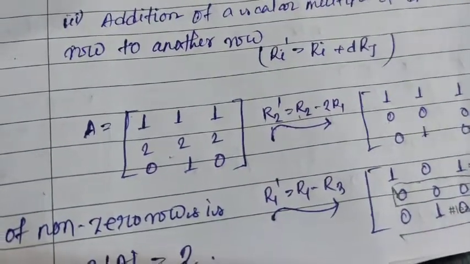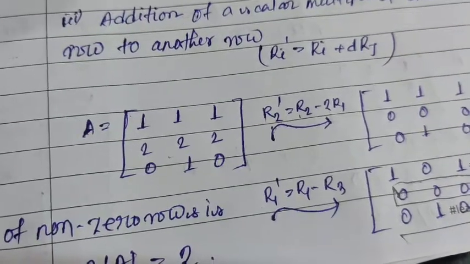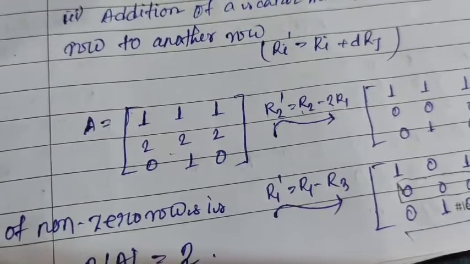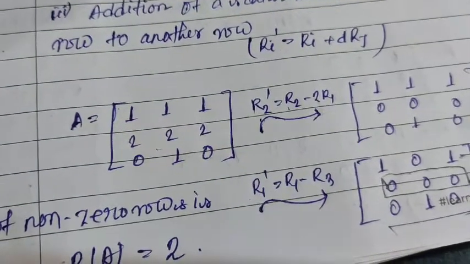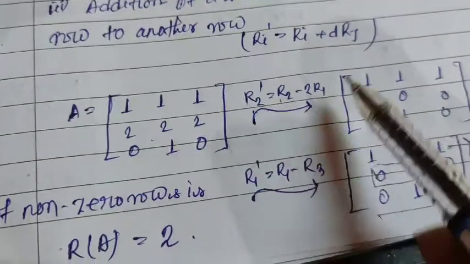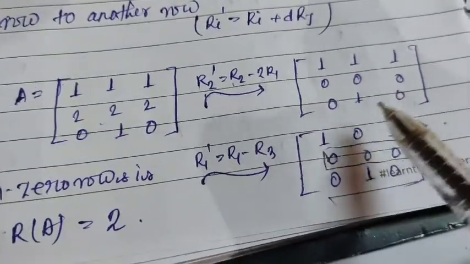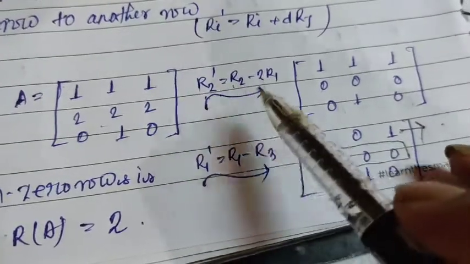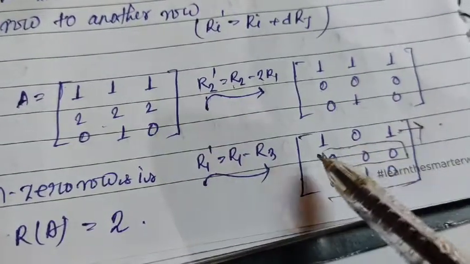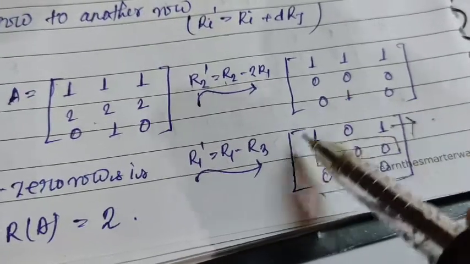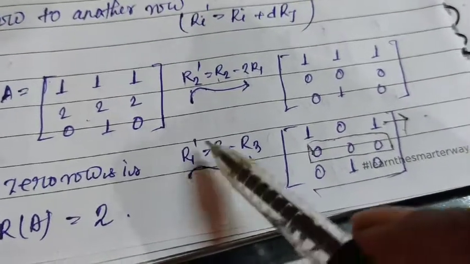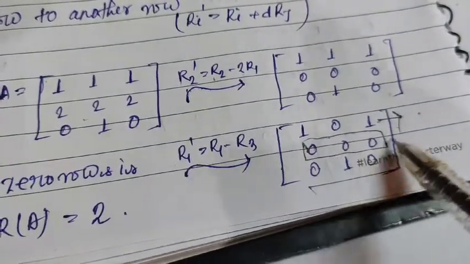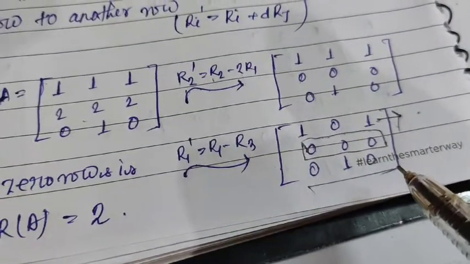One thing to remember is that these row operations may always differ from one another. So R2 dash is equal to R2 minus 2 R1. What do we get? [1 1 1; 0 0 0; 0 1 0]. That means R2 dash means we want to change the second row. Now we want to change the first row, that is R1 dash is equal to R1 minus R3. So what do we get? [1 0 1; 0 0 0; 0 1 0].